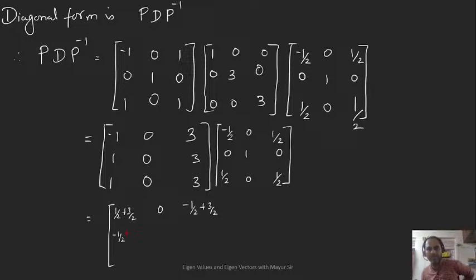But I doubt P inverse. Determinant, is it 1? How did that 1 by 2 come? I am not getting 1 by 2 as the answer. See this, with this answer, when you multiply this 1 0 0 3, 1 over here, this is second row first column, that you get 0 here.